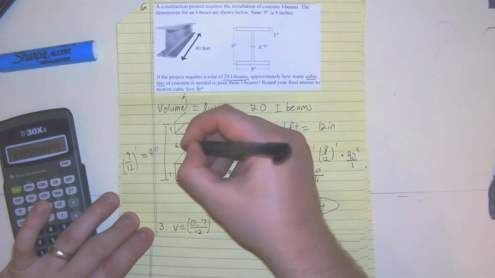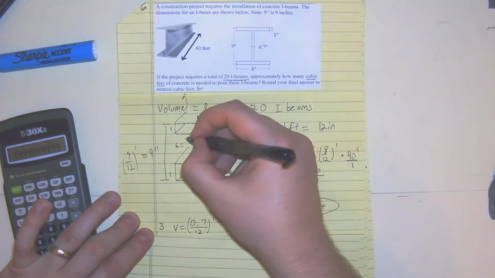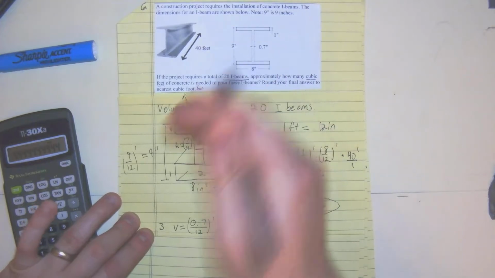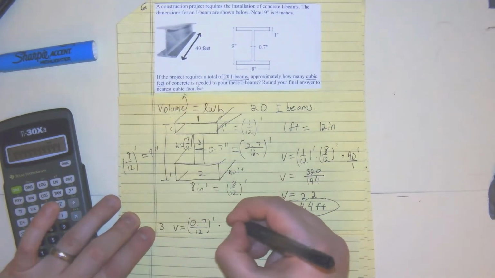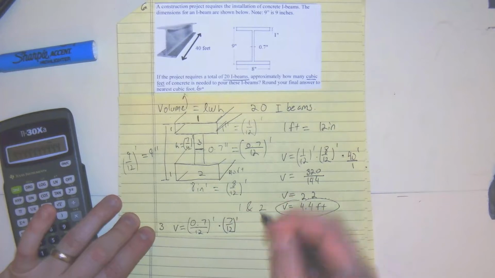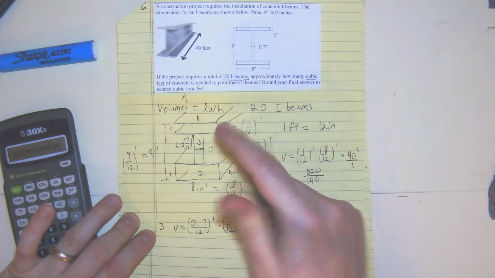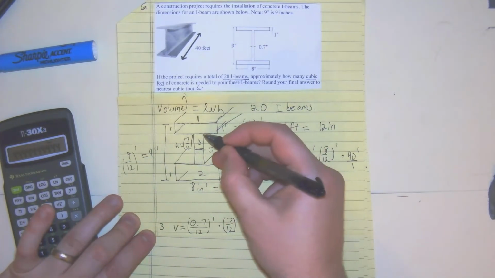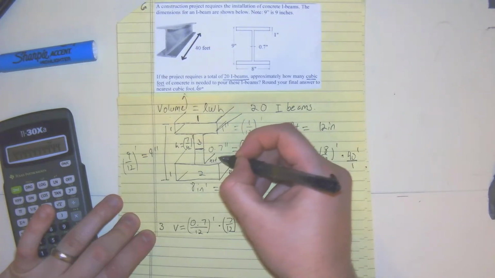The height would be 7 over 12 feet. And we know that the length, if it extended, would be 40 feet.